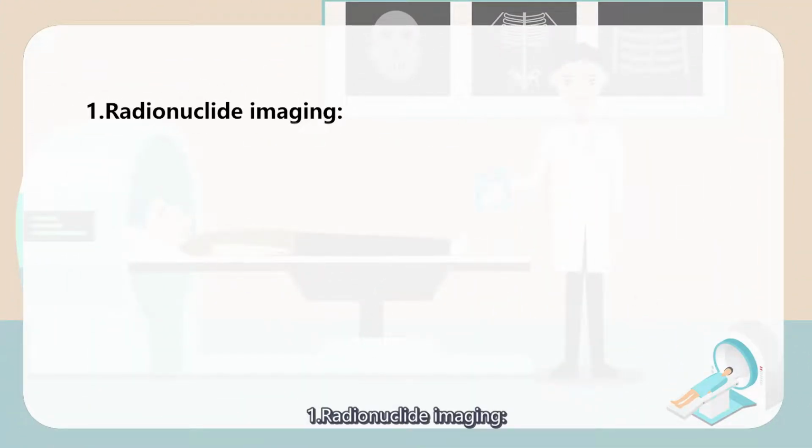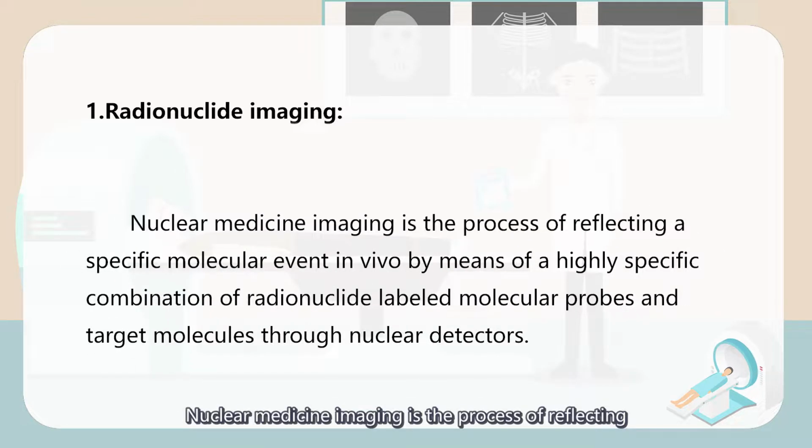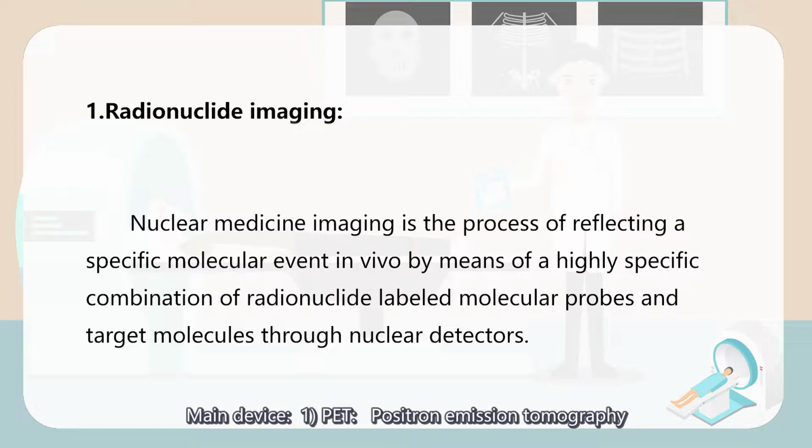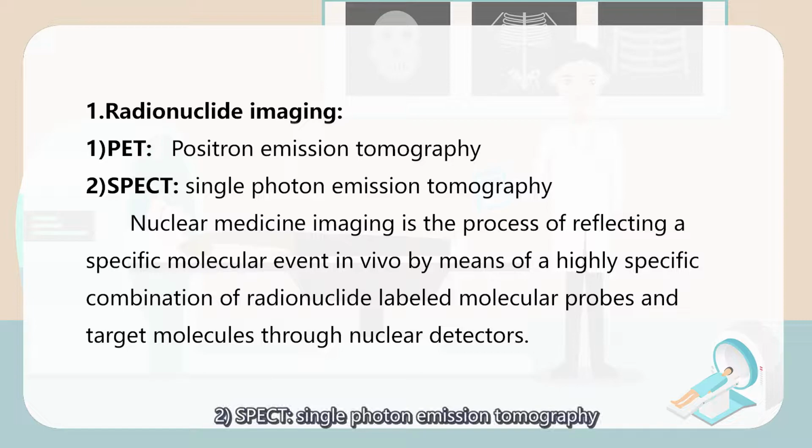The first, radionuclide imaging. Nuclear medicine imaging is a process of reflecting a specific molecular event in vivo by means of highly specific combination of radionuclide labeled molecular probes and target molecules through nuclear detectors. The main device is PET, and the second is SPECT.